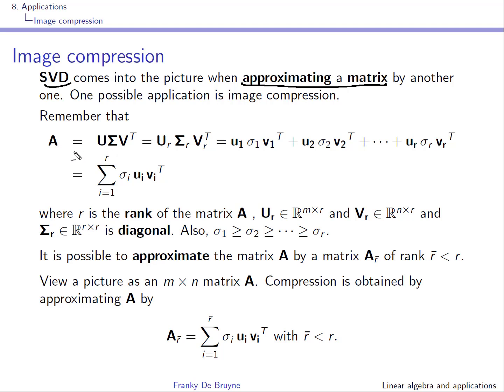So remember that we have decomposed A as U sigma V transpose, and that you could rewrite A as a sum of rank 1 terms, and there are exactly R terms over here where R is equal to the rank of the matrix A. So u1 here is the first column of the matrix U, and v1 is the first column of the matrix V, and sigma 1 is the first singular value, the one associated to u1 and v1, and you have R terms like that.